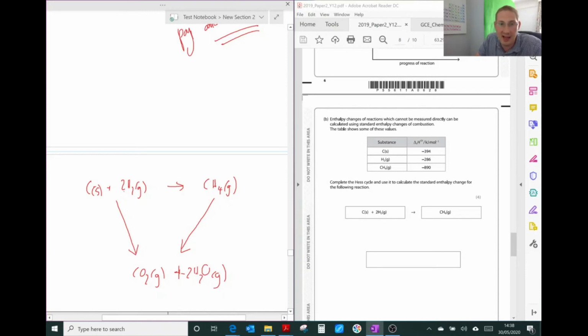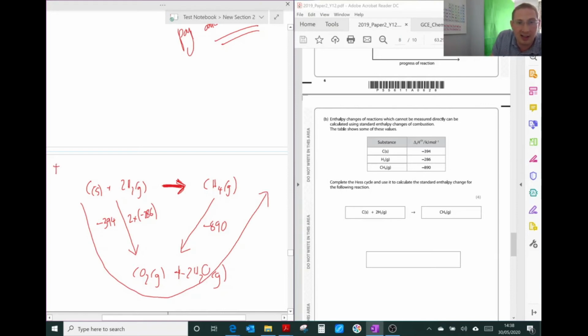Second thing, what do we have? Well, the enthalpy of combustion of carbon is minus 394. The enthalpy of combustion of hydrogen is minus 286, but there's 2 of those, 2 times minus 286. Burning this is minus 890 kilojoules per mole. And we want to know the standard enthalpy change for this reaction. So that is going with this arrow and back up.